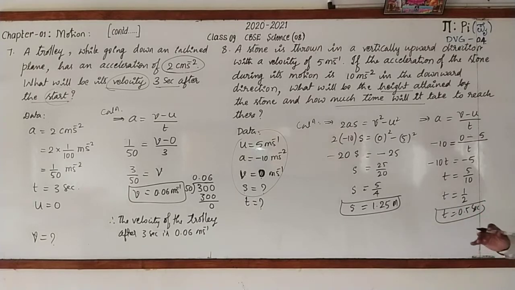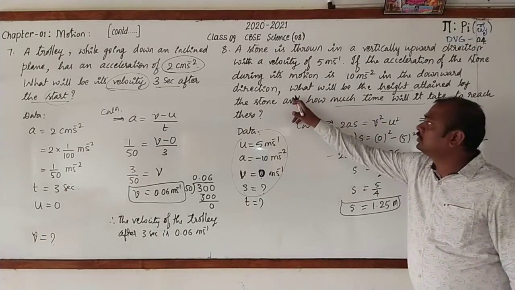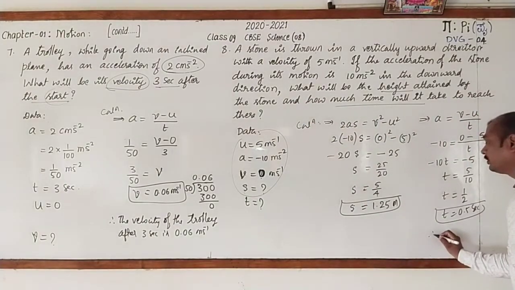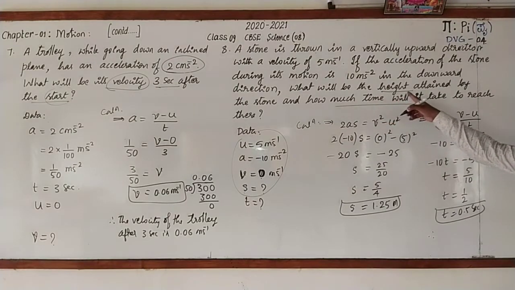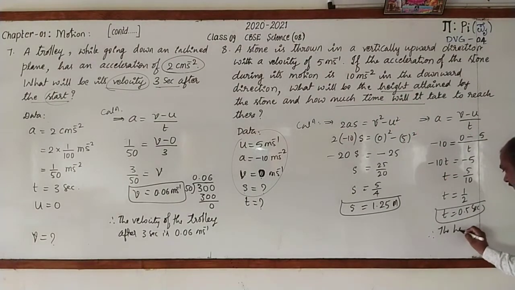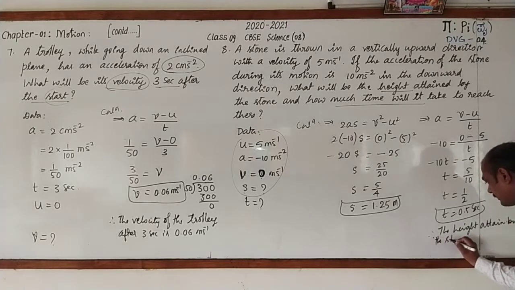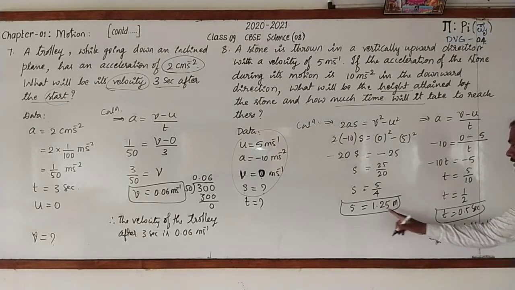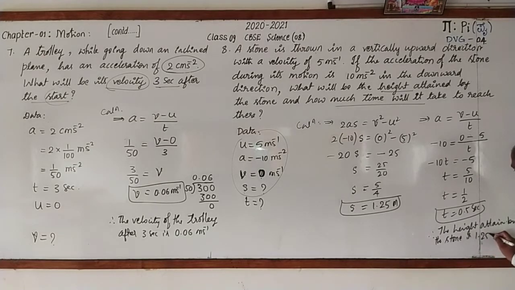Clear? Now we can go for writing the conclusion. What is the conclusion? See, what will be the height attained by the stone? Therefore, the height attained by the stone is 1.25 meter.